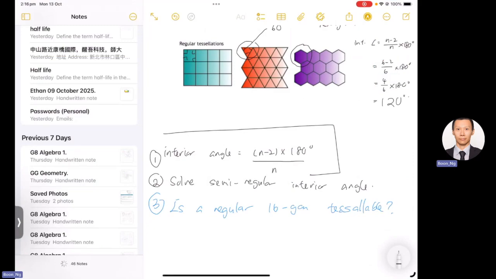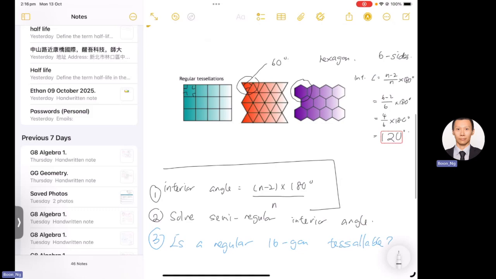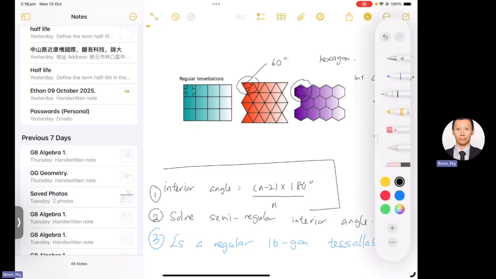So you can see they are all 120. I will change the color just so that it will be easier. They're all 120.